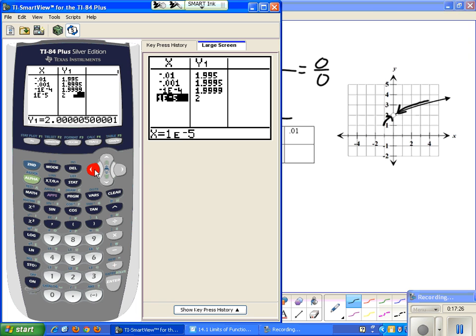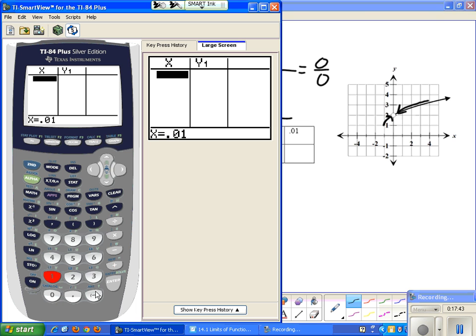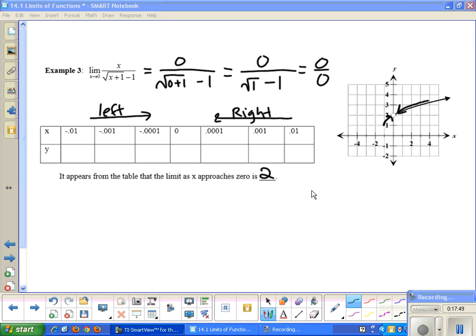So if I do the other side as we approach from the right, delete these out. Values as we approach from the right are going to be things such as 0.01 and 0.001, etc. And notice that we're also approaching the value of 2.